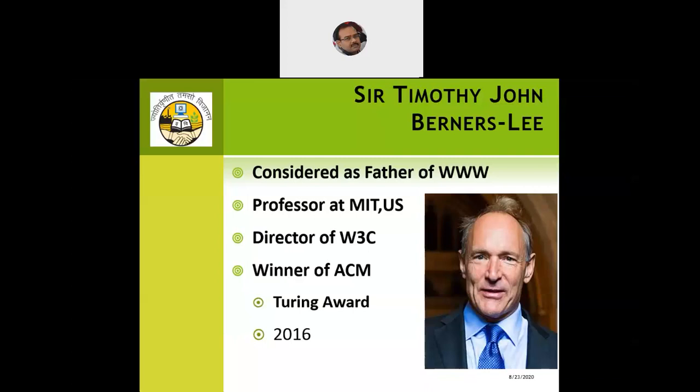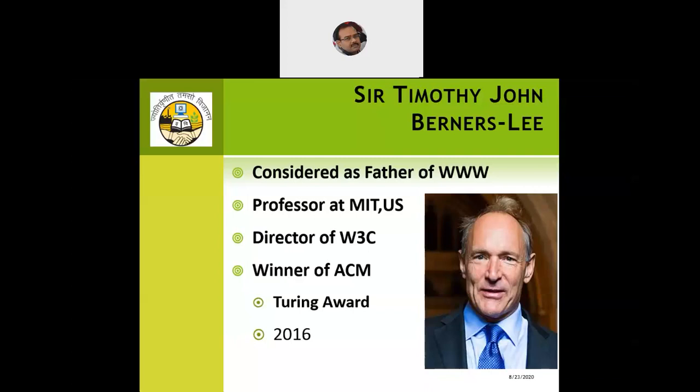And it carries a huge amount of prize money. The value and worth of the Nobel Prize is the same as the ACM Turing Award. And every year it is given for some outstanding research or contribution in the area of computer science and information technology, to one person or a group of persons, just like a physics award shared by three physicists working in the same lab in a university.